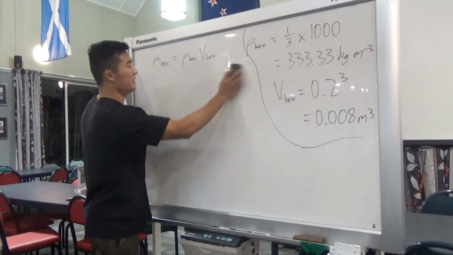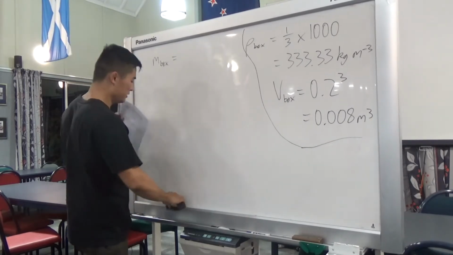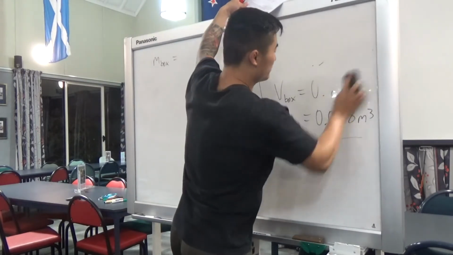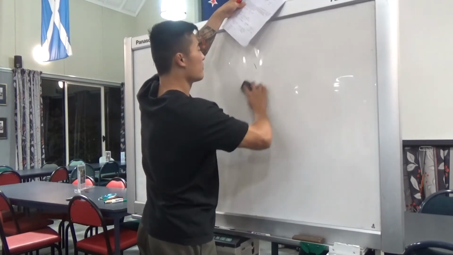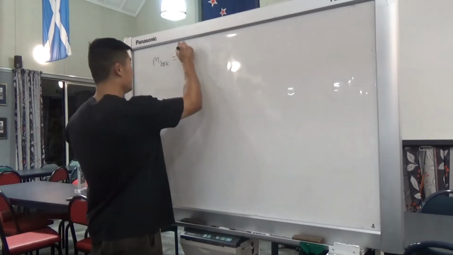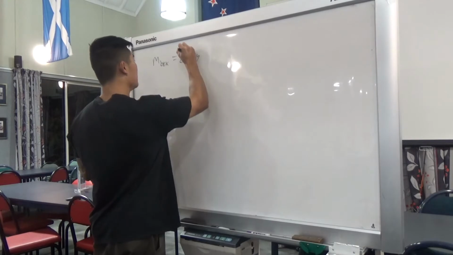I'll get rid of this because I need the space. So I'll get rid of those two. So the mass of the box is equal to 2.7 kilograms.